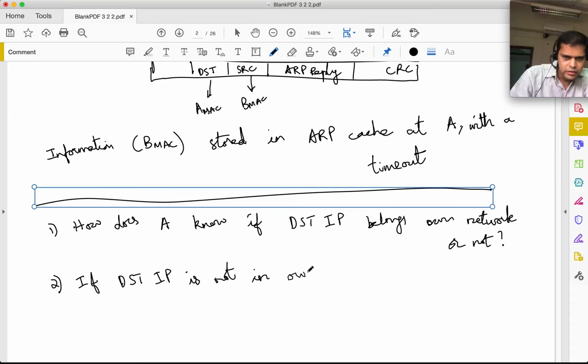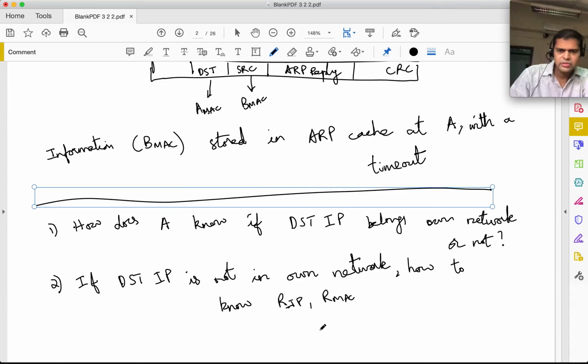So how to know the default router or the default router's MAC address? Right now we are assuming that there is only a single router connecting the particular LAN to the external internet. So how are we going to do this, right?